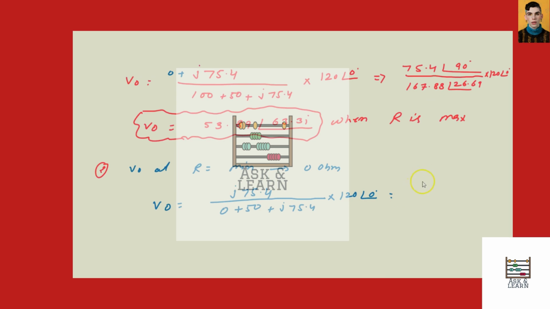Converting to polar form, it is 75.4 angle of 90 degree upon 90.47 angle of 56.45, multiplied by 120 angle of 0 degree.